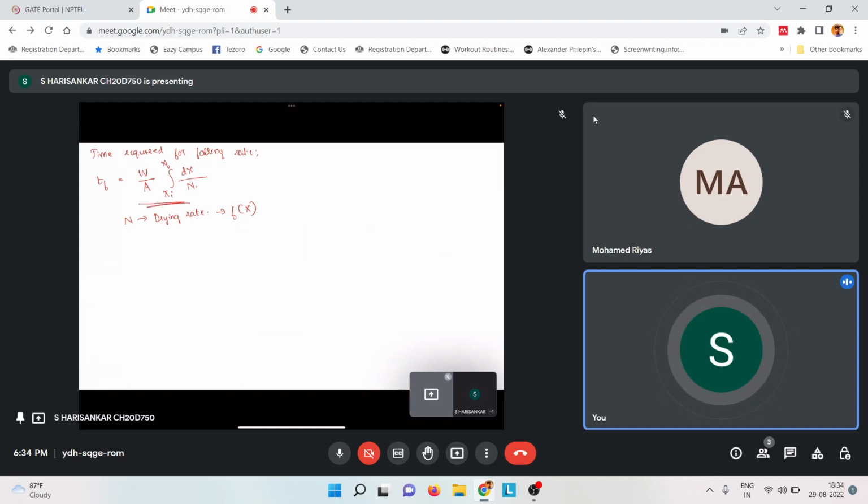So this is the equation for drying time under the falling rate regime. So the total time required.